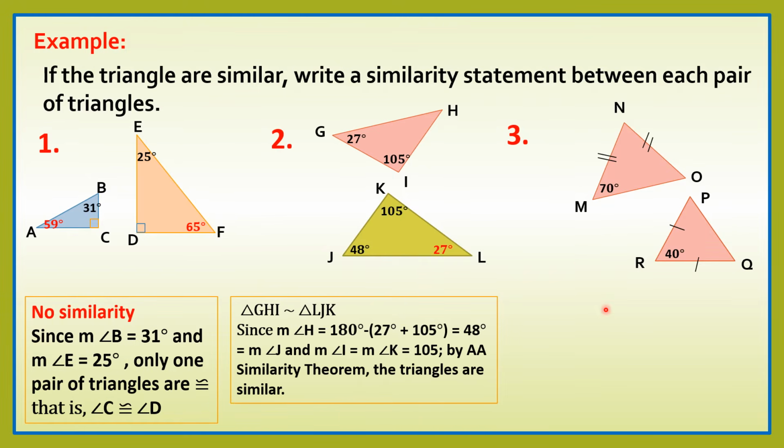For number 3, so kung titingnan natin yung number 3, ay isosceles triangles. So, triangle MNO is isosceles triangle and also triangle QRP, isosceles din siya. So, palaging tandaan, kapag isosceles triangle, yung dalawang congruent side, opposite angle of that, ay also congruent.